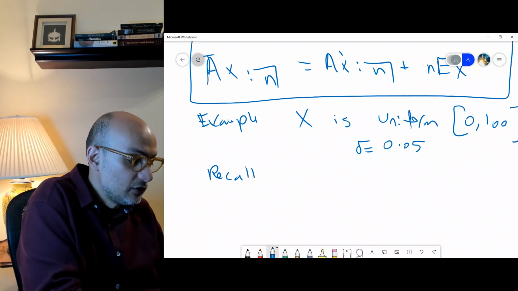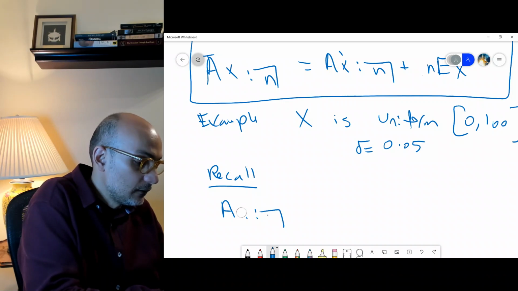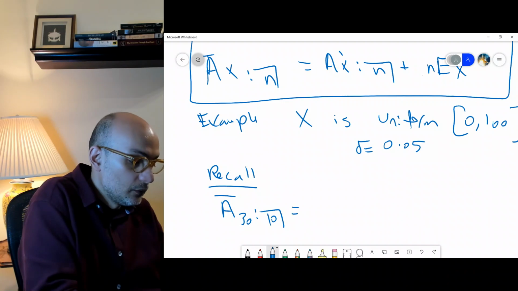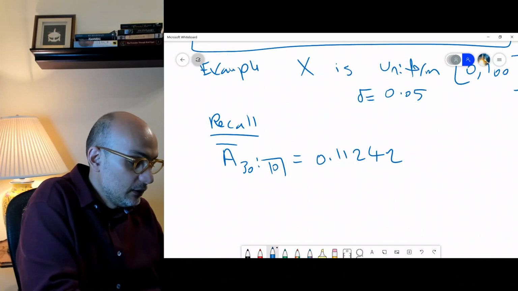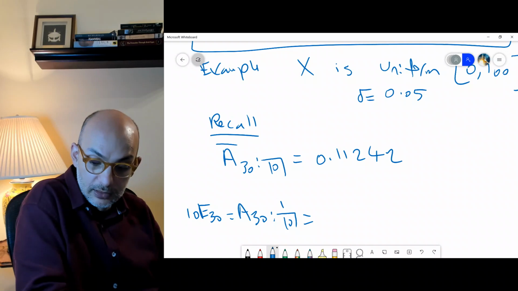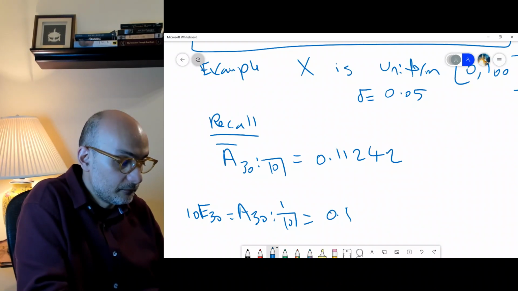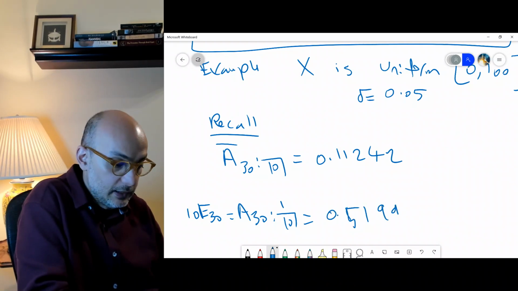If you go back to your notes, for age 30, we found the term insurance to be 0.11242, and the pure endowment, 10E30, we found to be 0.5199.